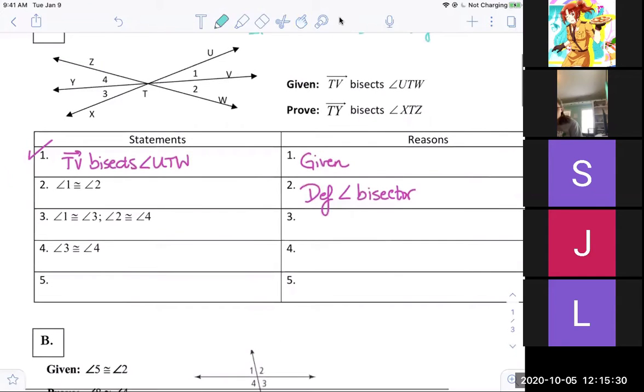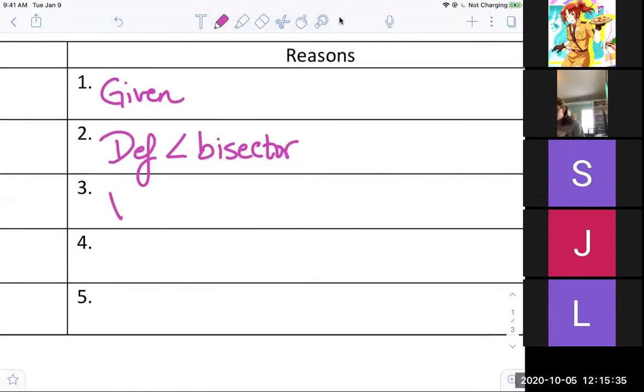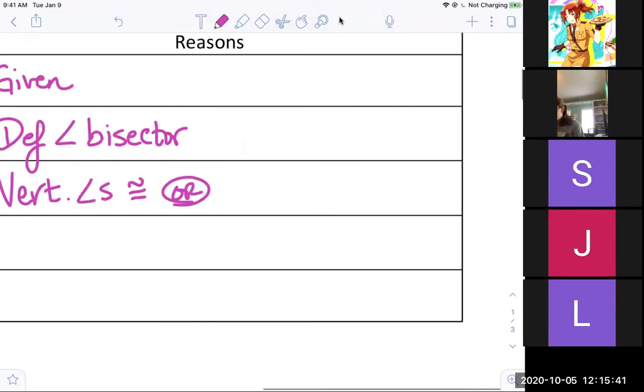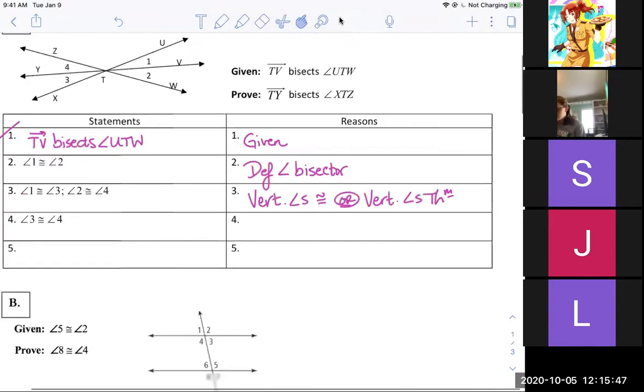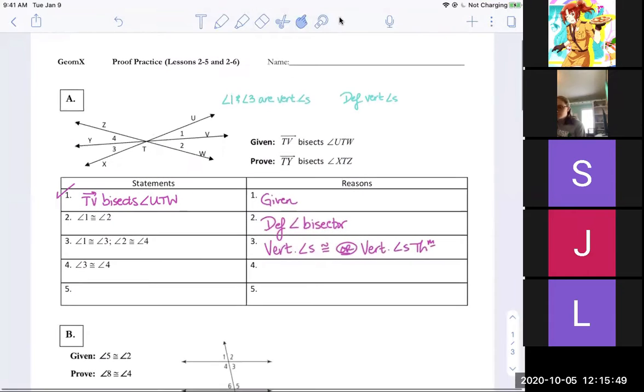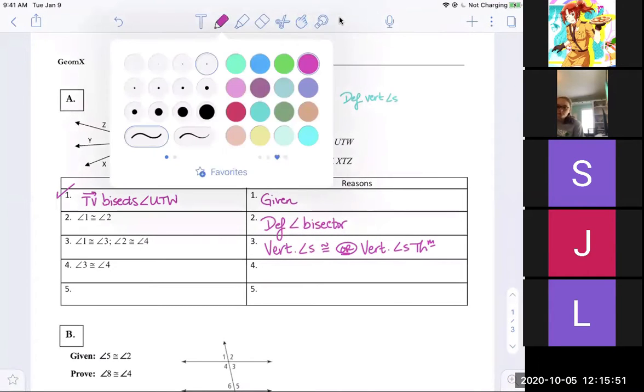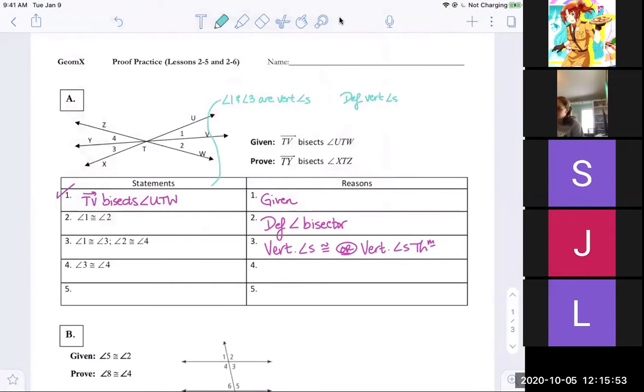So that's actually the vertical angles theorem, or you can just write vertical angles are congruent. But it is not the definition. Again, that's a really common mistake, but you want to make sure you get that straight. Sometimes they might put a step in right here prior to stating that the angles are congruent.